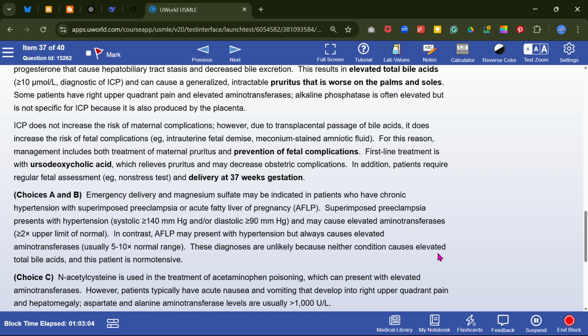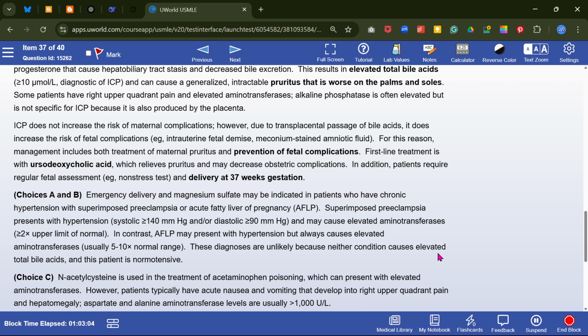Emergency delivery may be indicated in patients who have chronic hypertension with superimposed preeclampsia or acute fatty liver of the pregnancy. Superimposed preeclampsia presents with hypertension, systolic 140 millimeters of mercury and diastolic more than 90 millimeters of mercury, and may cause elevated aminotransferase more than 2 times the upper limit of normal.